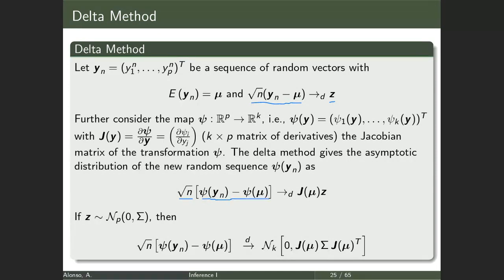When n increases, what happens with the distribution of this? It gets closer and closer to the distribution of a new random variable. Which random variable? The original data got close to the distribution of Z. The transformed data gets closer to the distribution of a new random variable, which is the Jacobian of the transformation, evaluated at the mean, times Z. And this is the most general expression for the delta method.